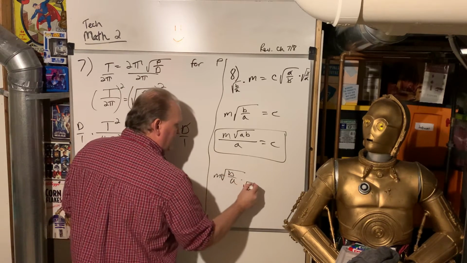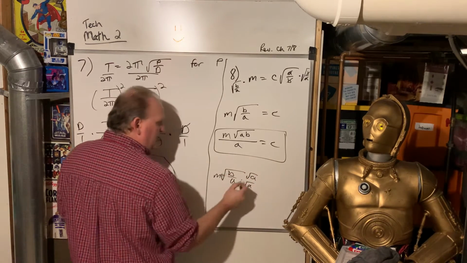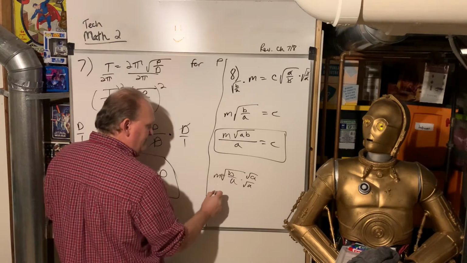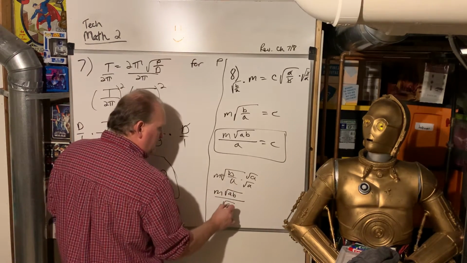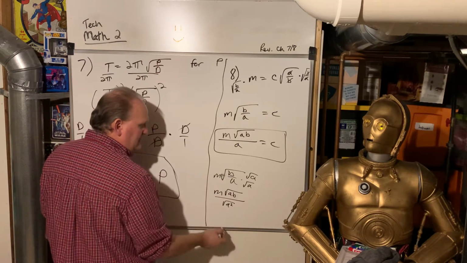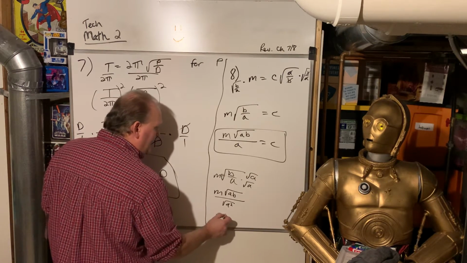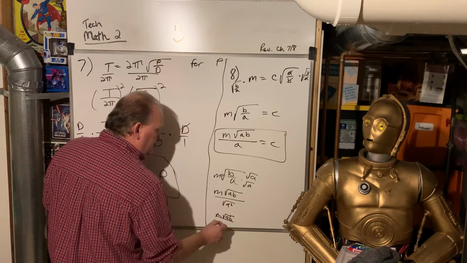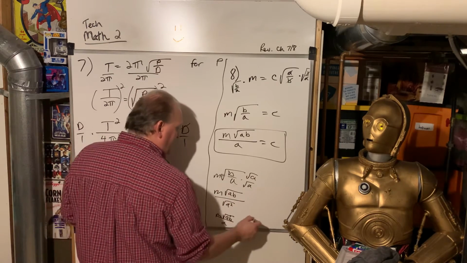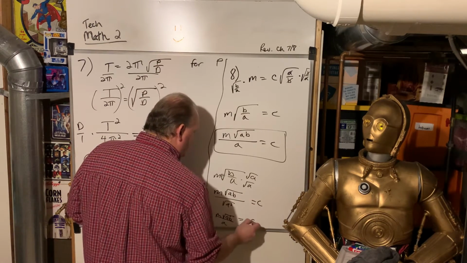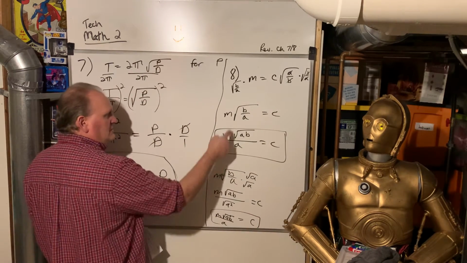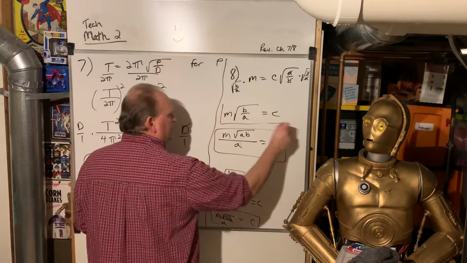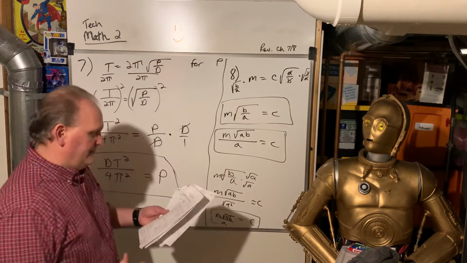Multiply top and bottom by the square root of a, to make it so on the top you have the square root of ab. On the bottom, you have the square root of a squared, and then that's just a. You do not have to do that for this course unless they specifically tell you to rationalize the denominator. So that is not required. You just leave it like this. That's fine. All right.